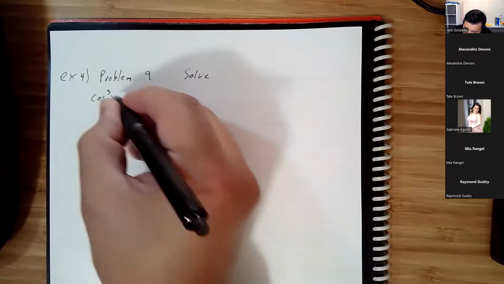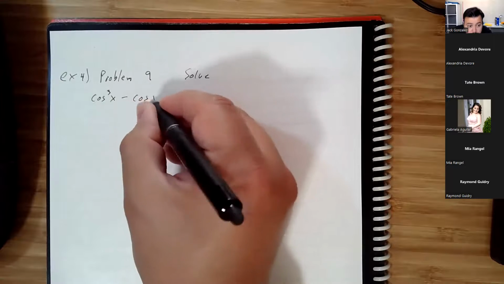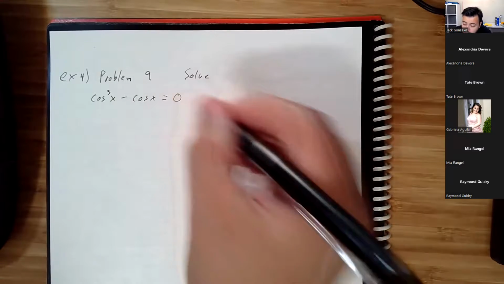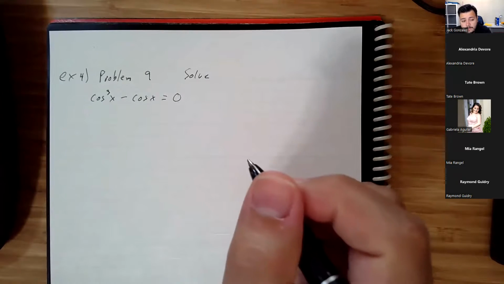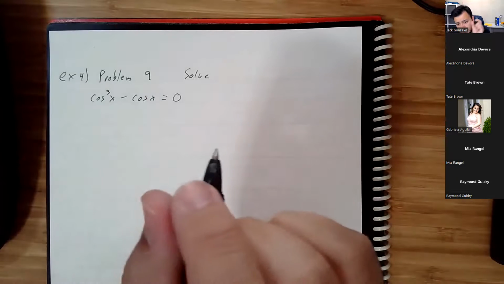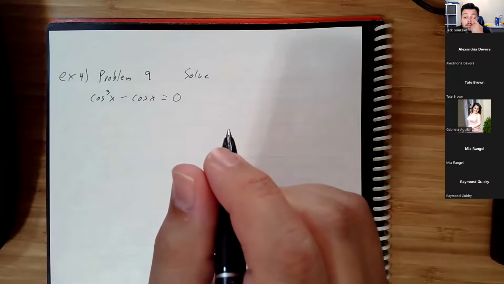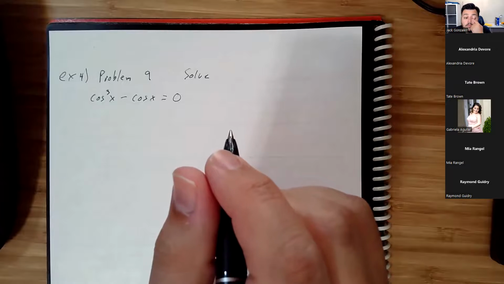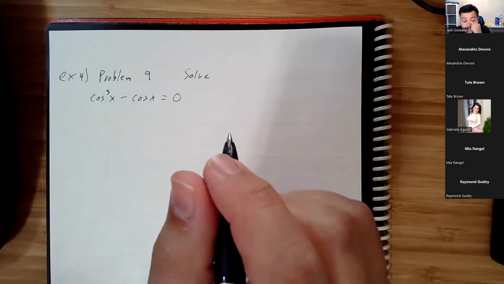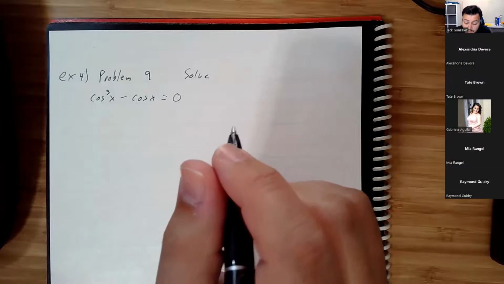Cosine cubed x minus cosine x equals 0. So if you can't isolate a single sine or cosine or tangent, whatever, you have to try factoring or try identities. That's all you can do.